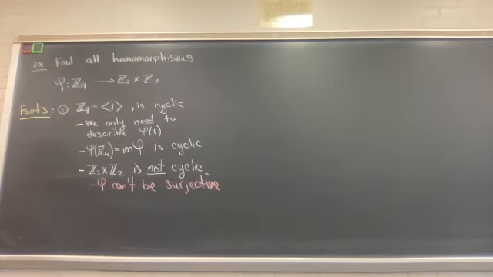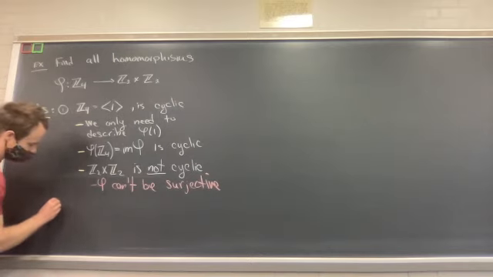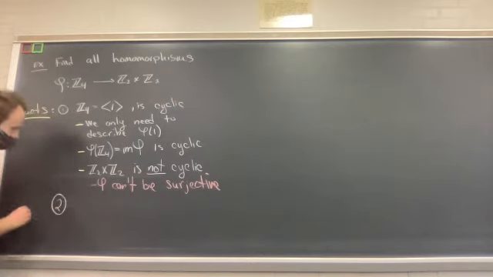Okay, so those are some facts involving the cyclicity of Z4. Another thing, which we talked about last time and used for a couple of examples, has to do with the order of an element versus the order of the image of the element.